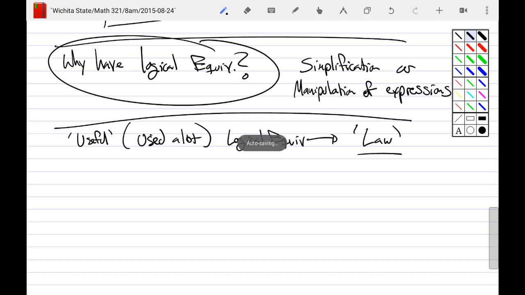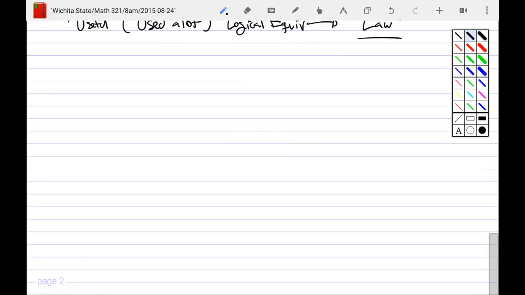All right, what are some laws that we have from 1.3? We have the laws based upon the and, the or, and the not. I think this is the first table in the textbook.